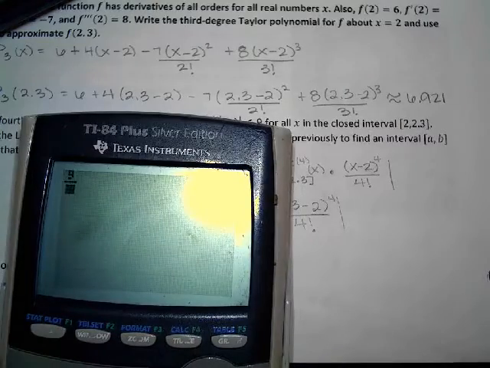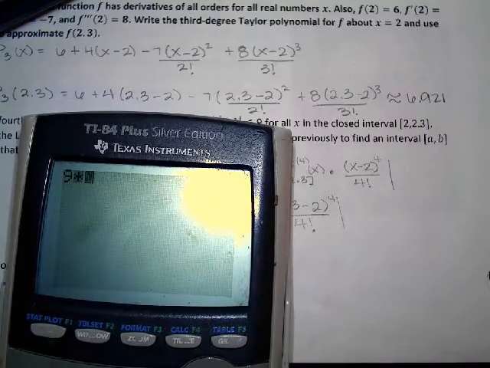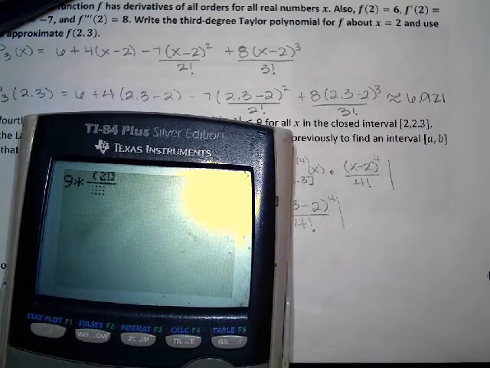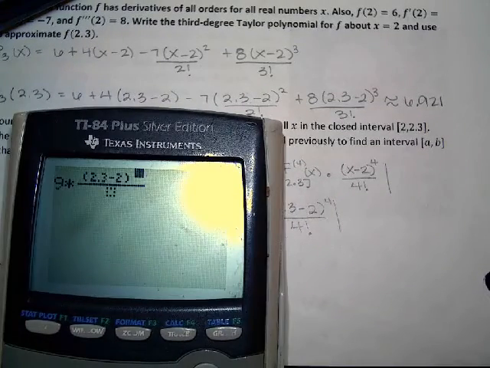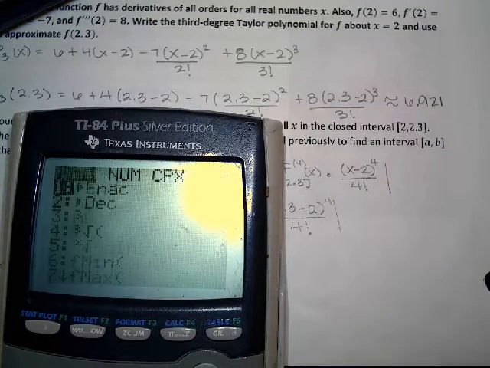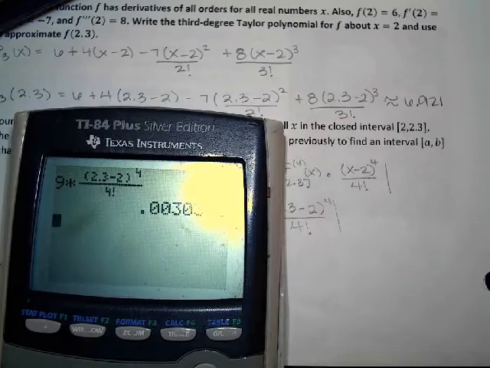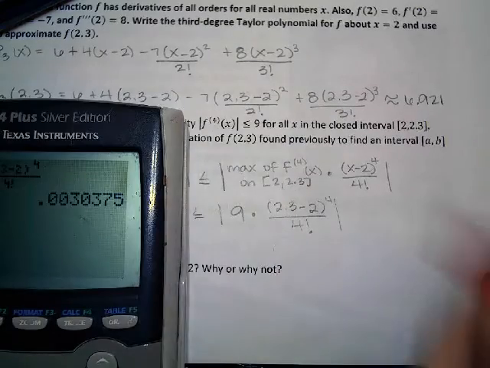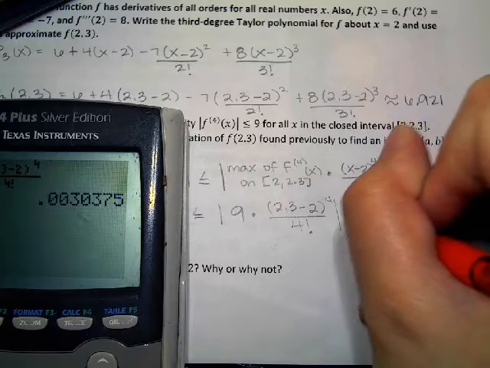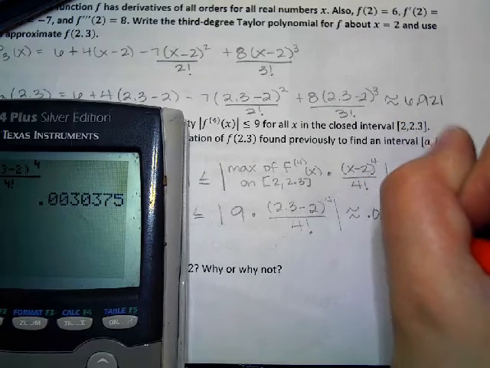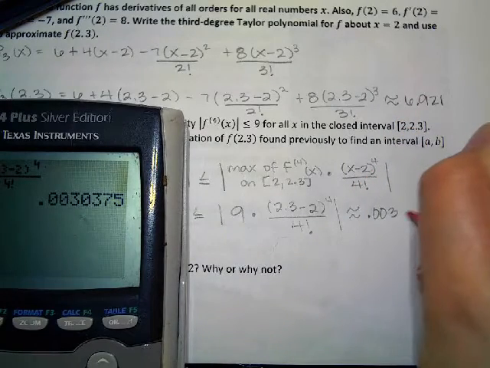Although technically this one's not very bad if we simplified. So we've got 0.00304. Is that what you guys got? Okay.